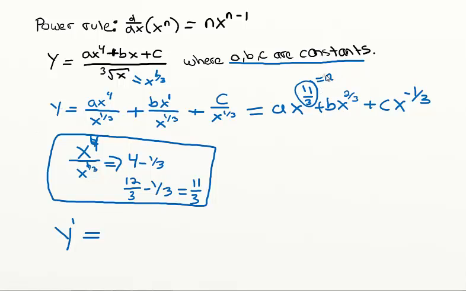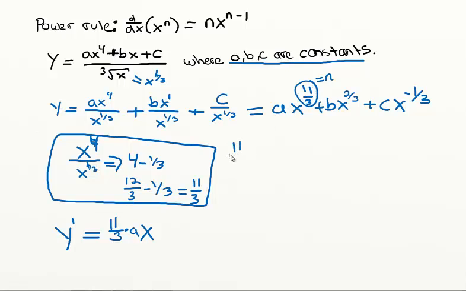So we're going to multiply that in front, so we get 11 over 3 times a. And then we have an x, and then our n minus 1, well, what is that? 1 would be written as 3 over 3.